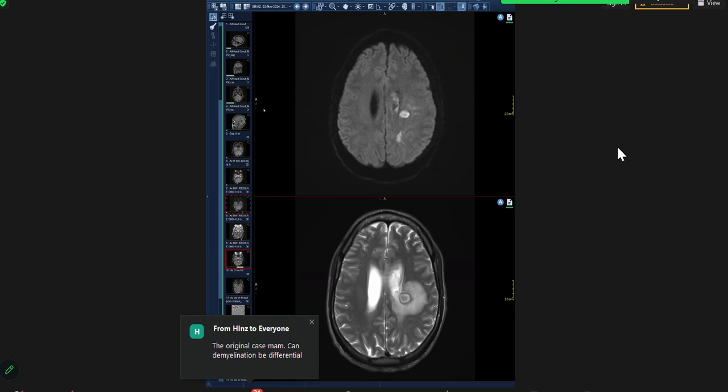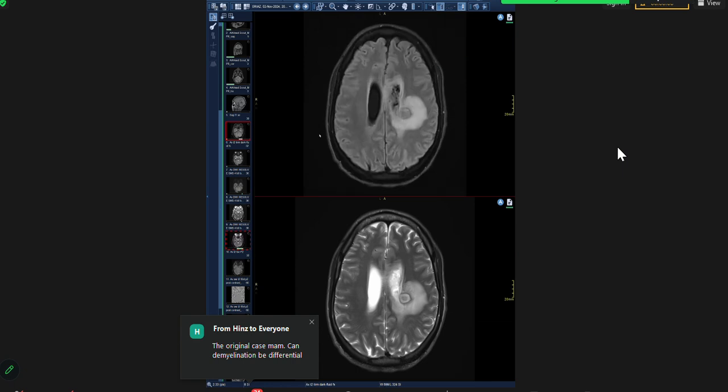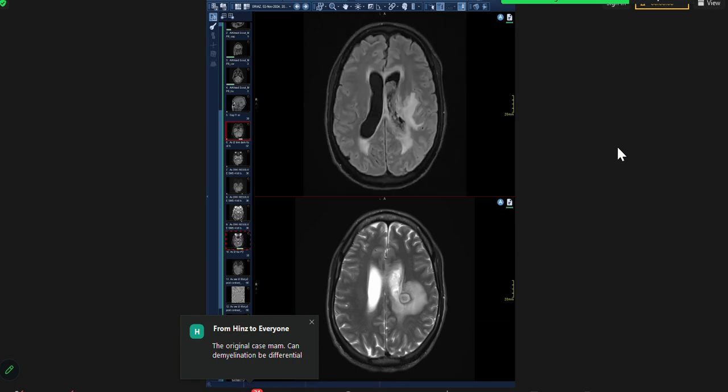It doesn't look like demyelination. For the original case, you would see that it was very much concentrated in the basal ganglia. Demyelination has to be juxtacortical, periventricular, and then you see posterior fossa lesions. So it's not demyelination. There's no question about demyelination in that.